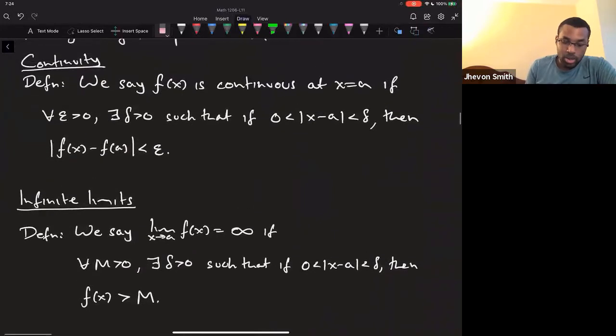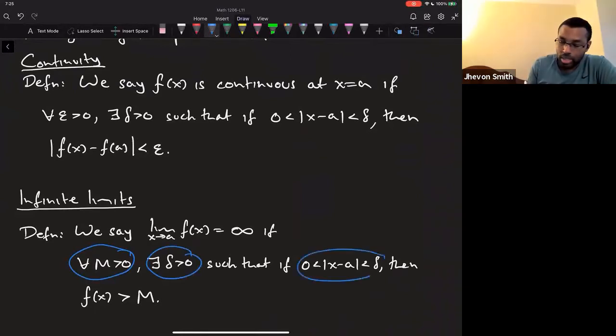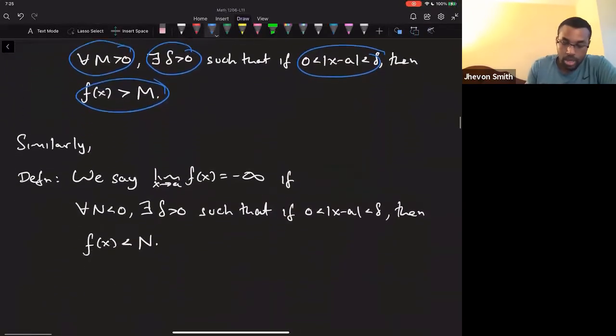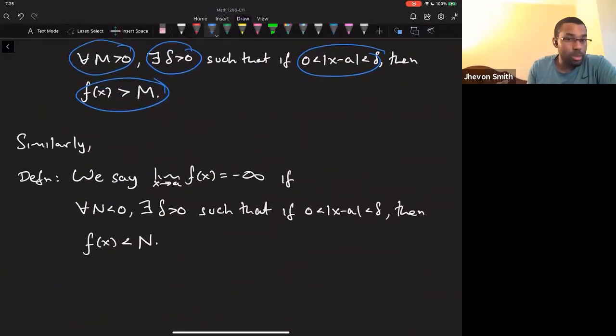You can also talk about other kinds of definitions in this case, like what does it mean for a limit to go off to infinity? Basically, it means that you can pick any number you want, and there's a delta such that if your x gets close to that, you'll be bigger than that number, no matter how big the number was that you picked. Negative infinity means something similar. You can pick any negative number you want.